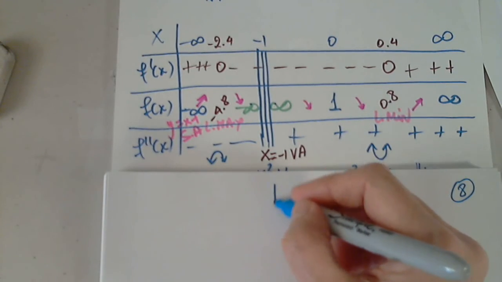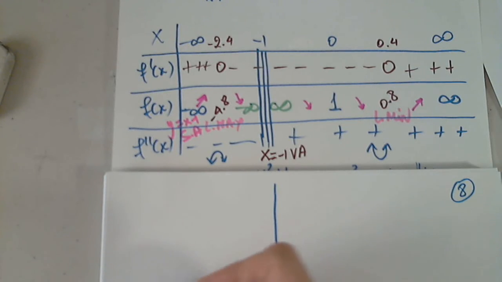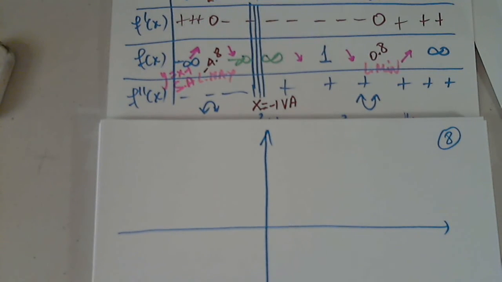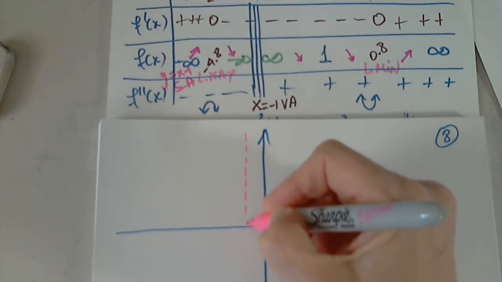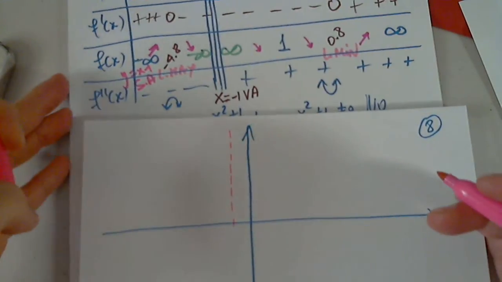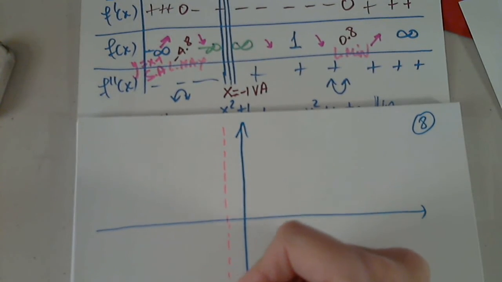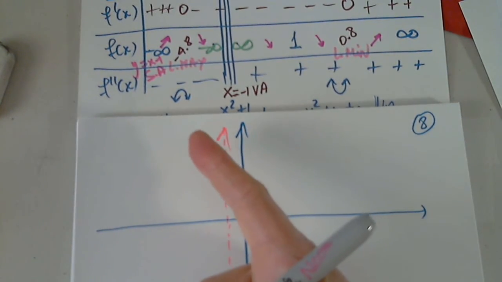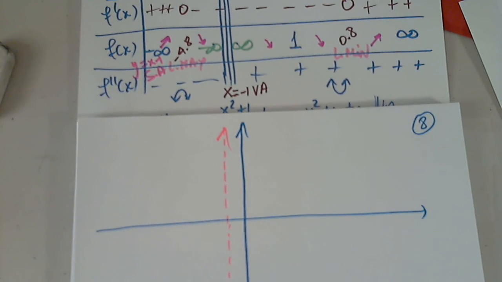When I graph a function with asymptotes, I have to graph the asymptotes first. This function has two asymptotes. It has a vertical asymptote at -1, and it has a slant asymptote y equals x minus 1.